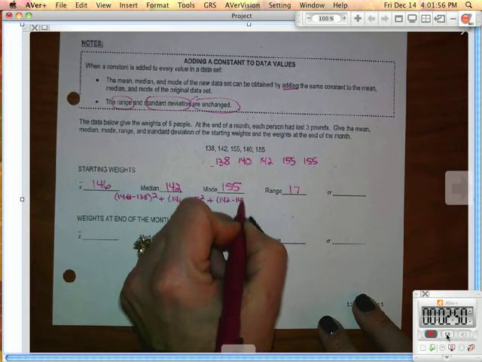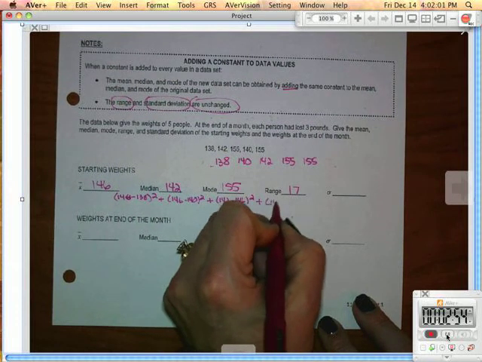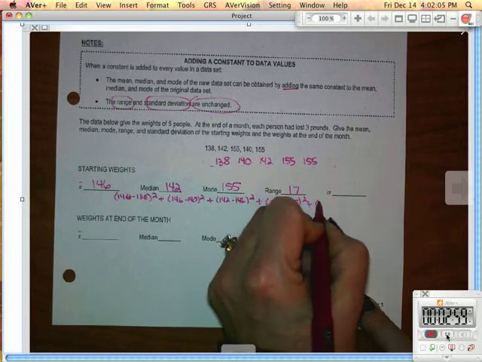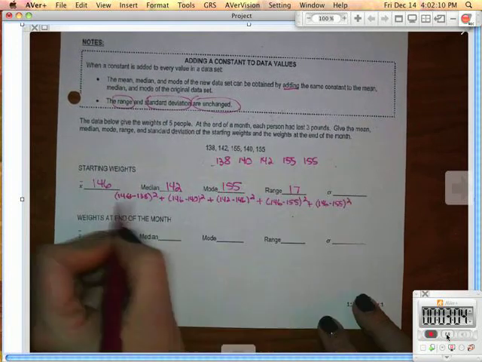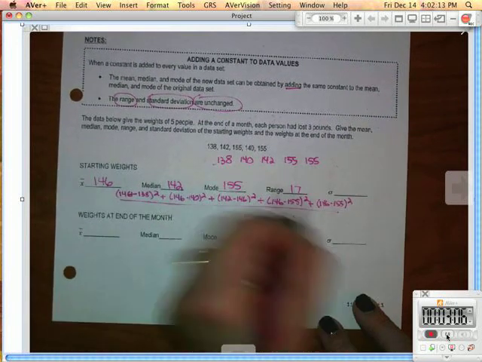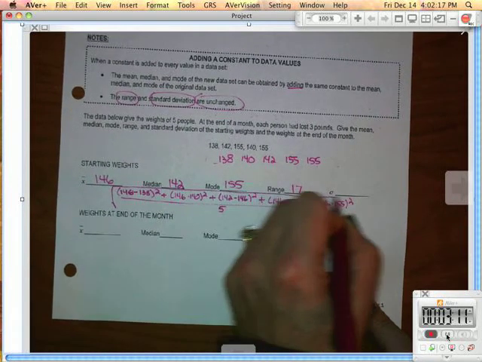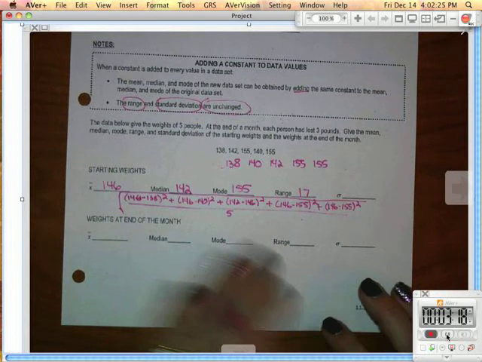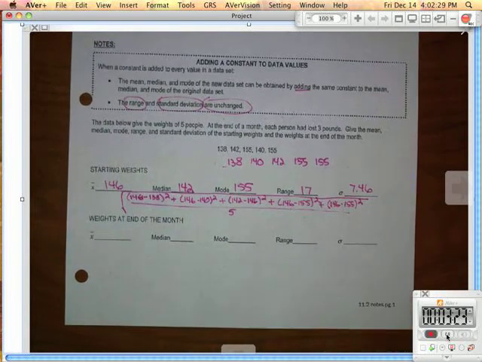It doesn't really matter which way you do it because you're going to be squaring them in the end. 146 minus 155 squared, and 146 minus 155 squared. All of that divided by how many data pieces you have, which is 5, and then we would take the square root of all of that. And this is sort of derived from the distance formula on a graph. So if we did that all, I put that on the calculator, you would get 7.46. It's the same thing that the calculator would do for you.